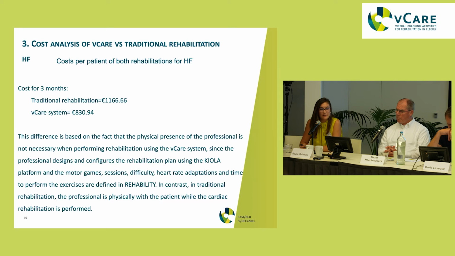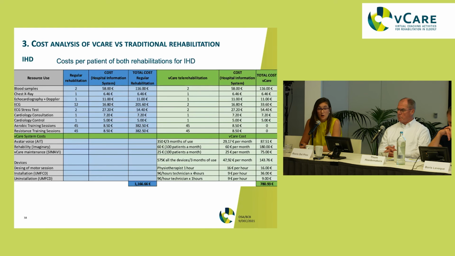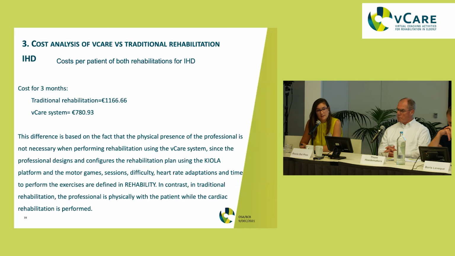The traditional rehabilitation will be around 1,000 euros and the vCare system around 800 euros. For ischemic heart disease, the structure and cost are almost the same, but a little bit less expensive. The vCare system is around 700 euros.